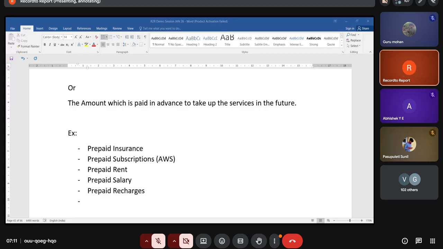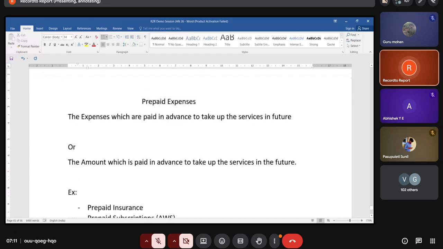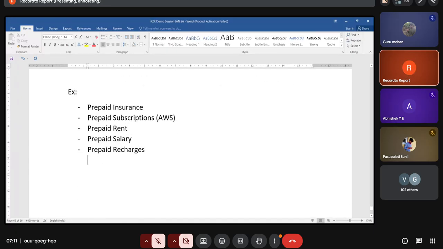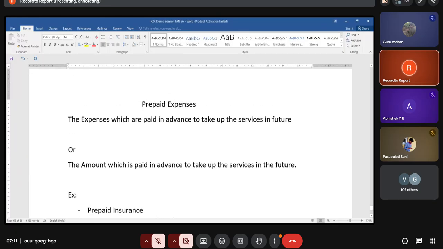That is prepaid maintenance services. Like this, any expense which is paid in advance is called a prepaid expense.